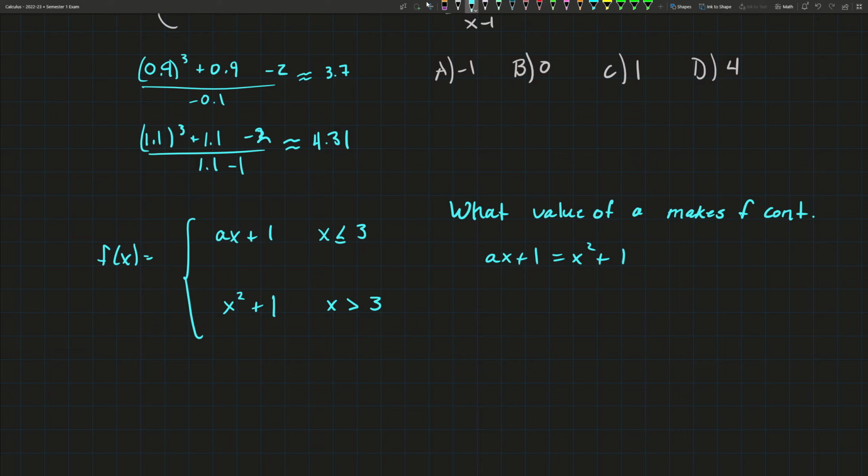So 3a plus 1 is equal to 3 squared plus 1, which is 9 plus 1, so 3a plus 1 is equal to 10. So a is equal to 3. If you have 3x plus 1 and you piecewise that with x squared plus 1, it's going to be continuous when we break it at x equals 3.